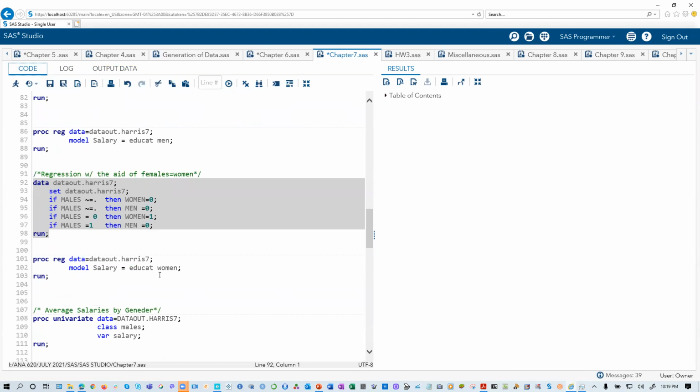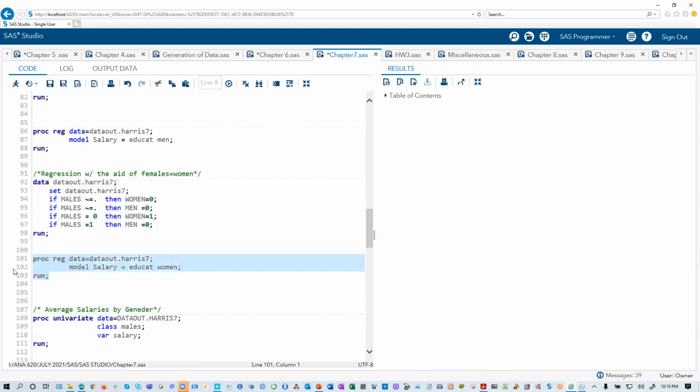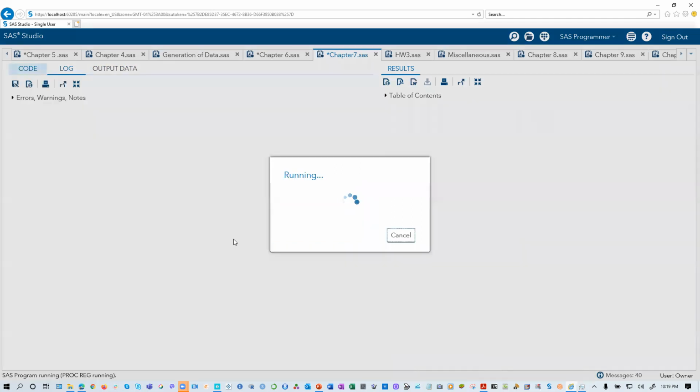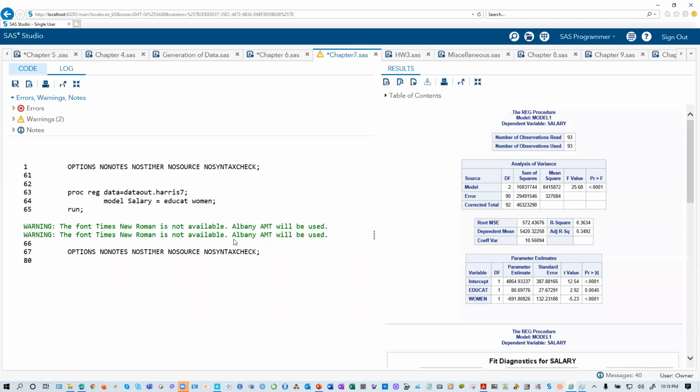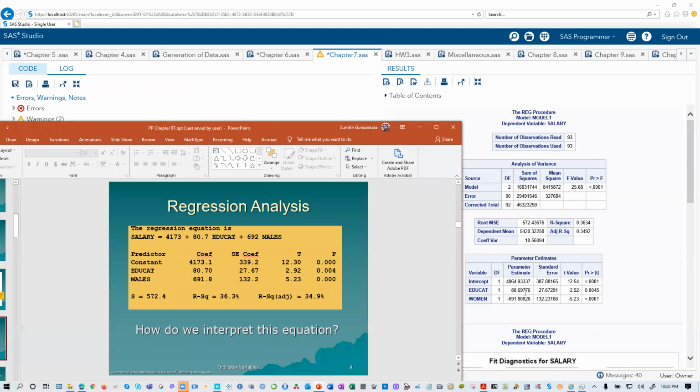See, educate plus women. 48, 64. See, now 80, 70, 691.